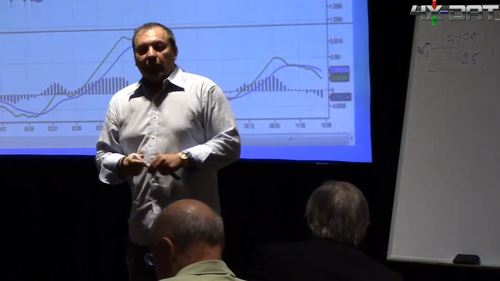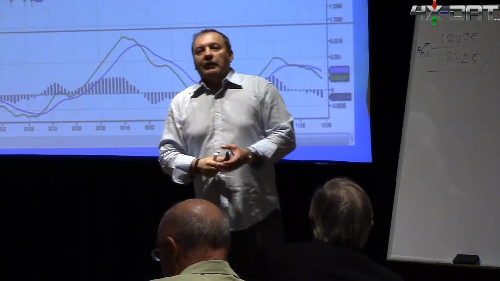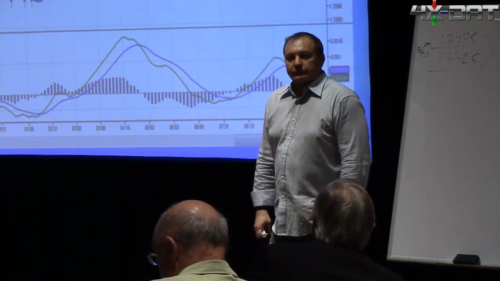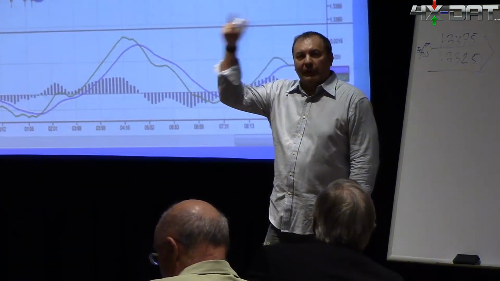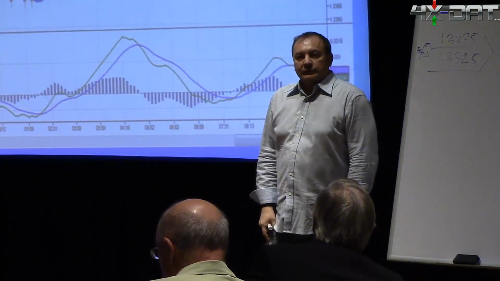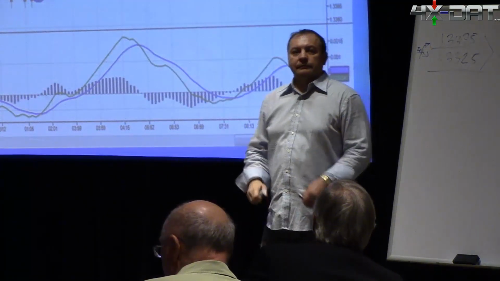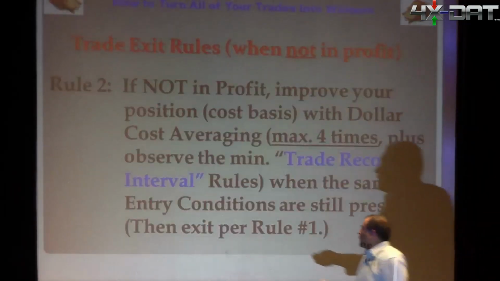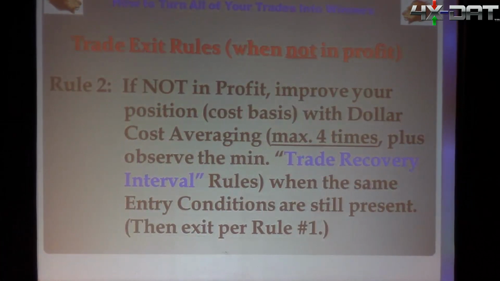I definitely take that trade, particularly when the conditions are still maintained. And I'm talking about setup rule number one and setup rule number two: primary direction and short-term trend. Then I would take that. And that's when we talk about trade recovery interval.